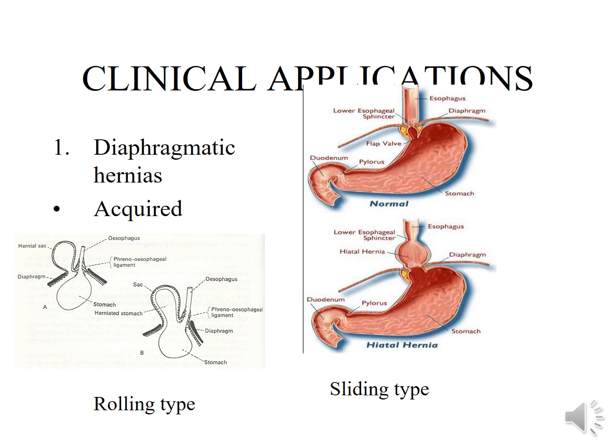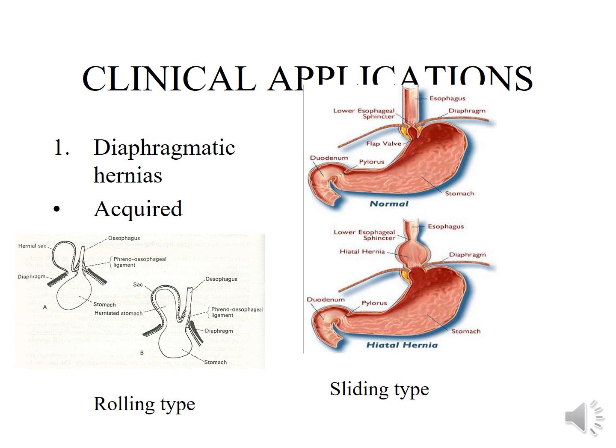This is the rolling type of hernia. Here we can see that the cardioesophageal junction is in its normal position. It is not getting disturbed. The second type of acquired hernia is the sliding type of hernia. In this, from the inferior surface of the diaphragm, the fascia is reflected towards the esophageal sphincter, and if this esophageal sphincter is weakened, right?